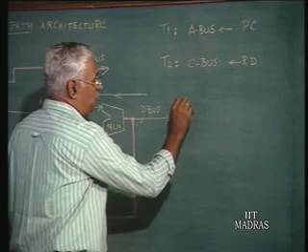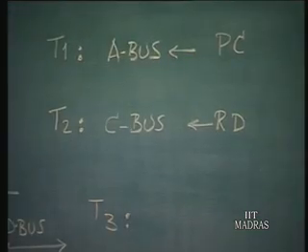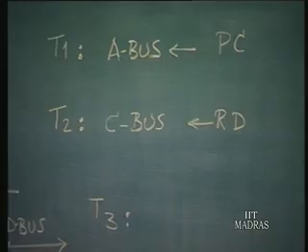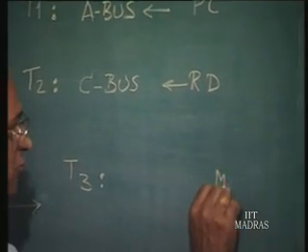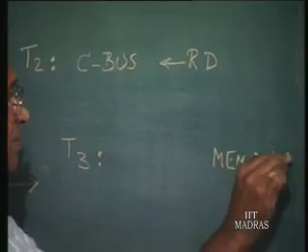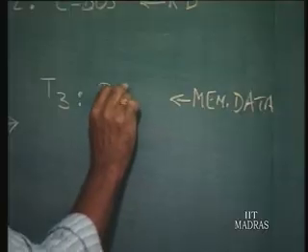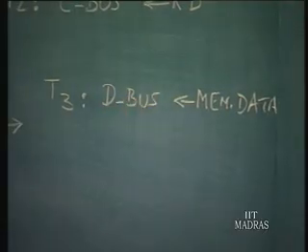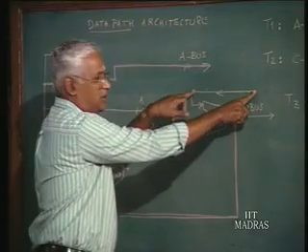Then in T3, assuming the memory responds immediately, the memory is going to do this. CPU is not again involved. The data from the memory, which I will call memory data, is placed on the data part of the bus. Essentially, the memory will respond and put it on this.